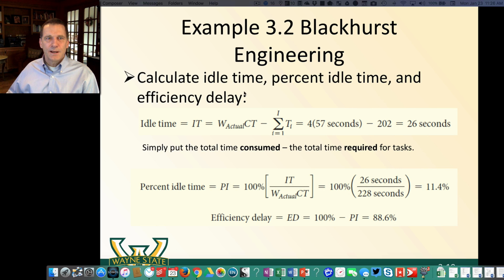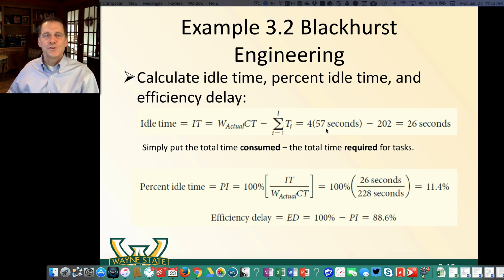Okay, so to calculate idle time, percent idle time, efficiency delay, basically idle time is the actual work minus the time that's available. So it's the time we consume minus the time we needed. So if we take the 4 workstations and the 57 seconds of the slowest workstation, workstation 2, and we know that all 4 workstations are going to run at 57 seconds because they can't go faster than the slowest one, it means that we've got 228 seconds, 4 times 57.